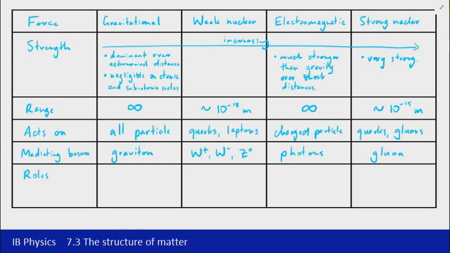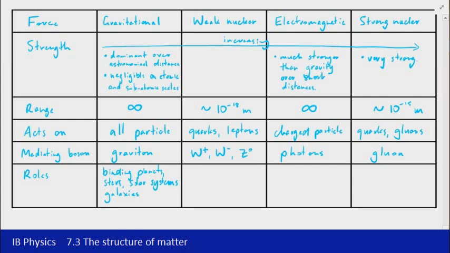Now, just to finish up the roles of these forces, we already know some of them. The gravitational force is about binding planets, stars, solar systems, galaxies together. So any of those large astronomical bodies are kept together thanks to the gravitational force.